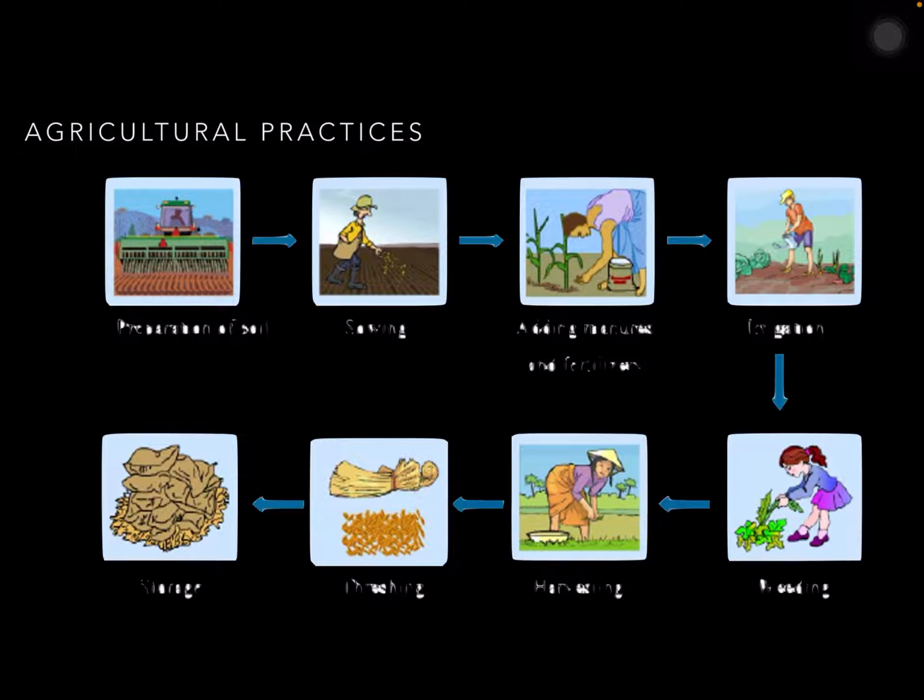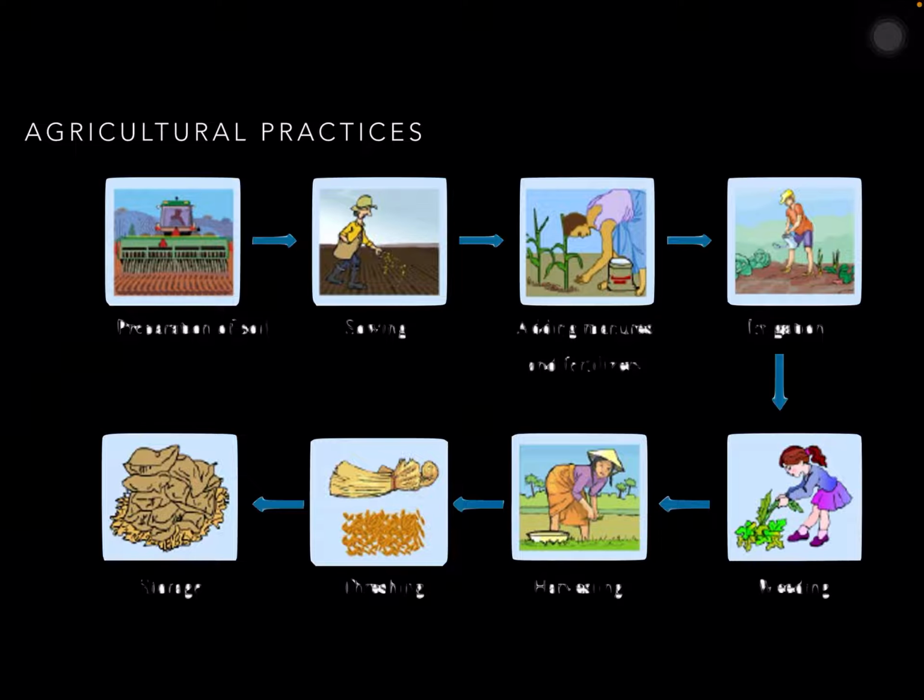Now we saw what are crops, what are the types of crops, and we also saw a few examples for the types of crops. Now let's dive into the 6 agricultural processes that are carried out in farming.